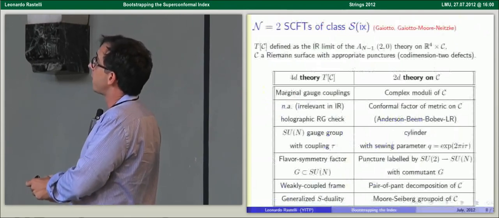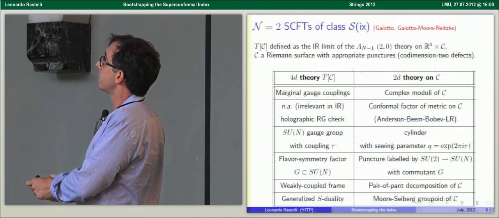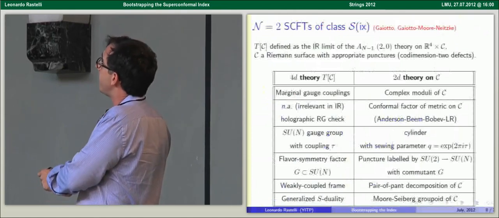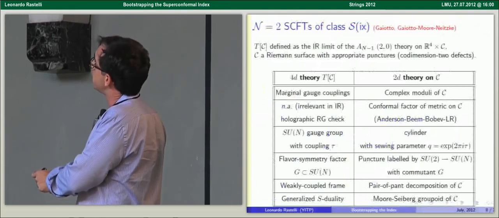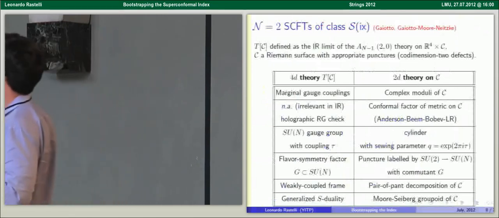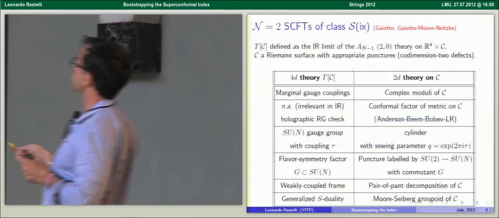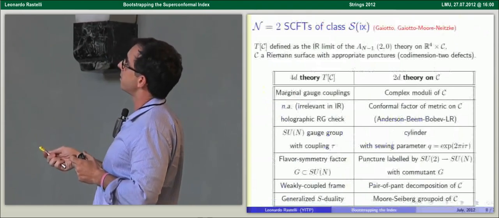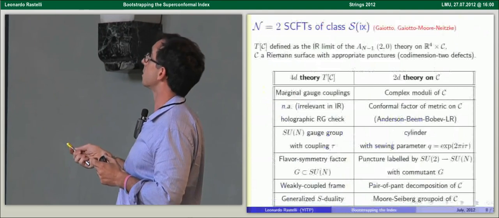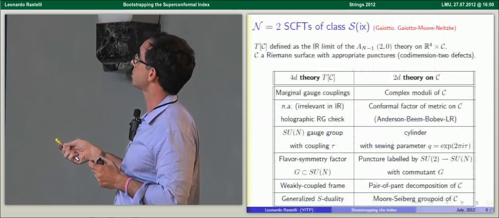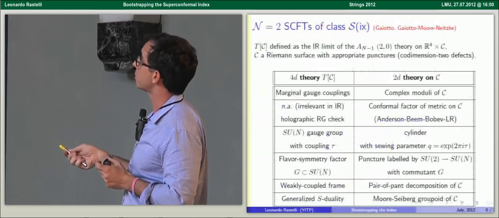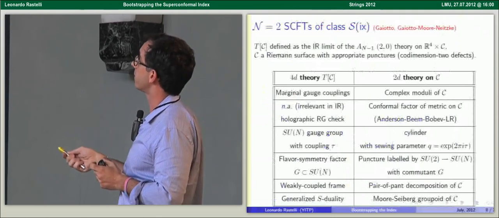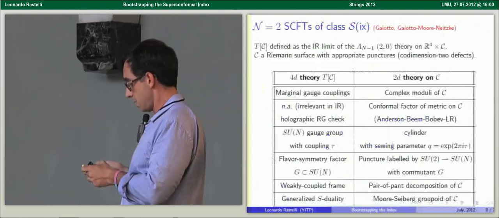In particular, if I look at a gauge group with holomorphic coupling tau, that translates into a piece of the surface where you have a long cylinder with gluing parameter q, which is the exponential of tau. The conformal factor of the metric does not have a 4D counterpart. We checked this with Bomans, Bobev, and mathematician Stony Brook Anderson, and we gave a rigorous proof in the dual holographic theory at large N that this is the case.